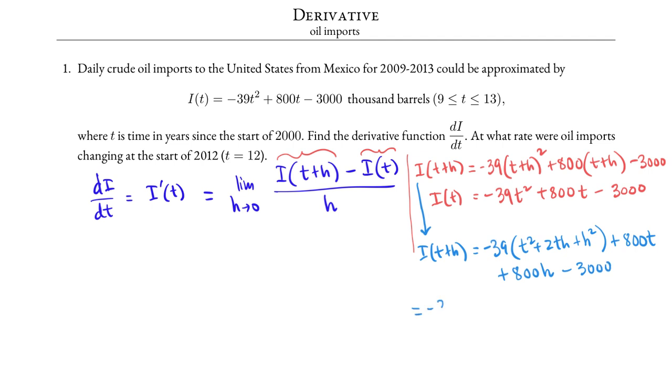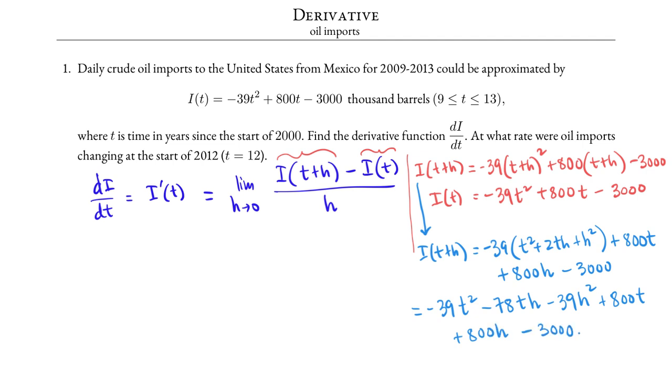Simplifying this, we have negative 39t squared, minus 39 times 2 is 78, so minus 78th, minus 39h squared plus 800t plus 800h minus 3000.